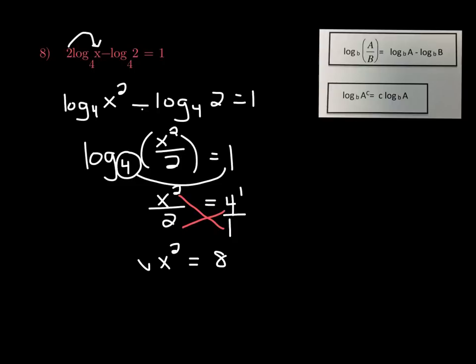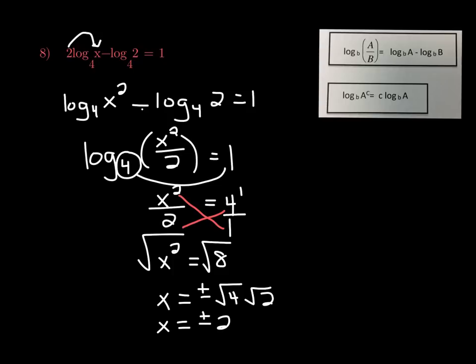If we take the square root of both sides, we get x equals. Now, the squared tells us we should have 2 answers, so we always remember to put the plus and minus. And radical 8, we're going to have to simplify that. We could break that down, since it's not a perfect square, into radical 4 times radical 2. So that gives us plus and minus 2 radical 2.